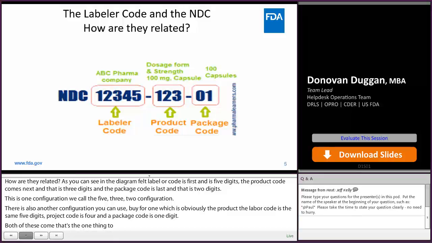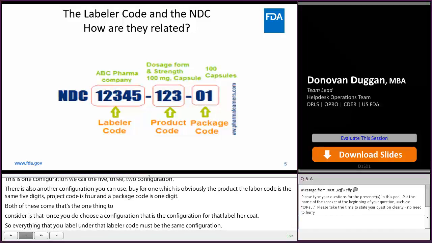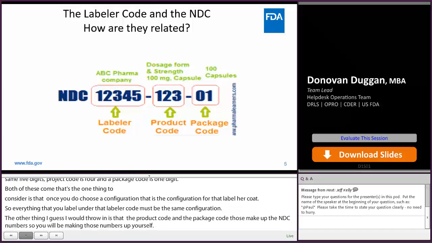The other thing I guess I would throw in here is that the product code and the package code make up the NDC number. So you will be making those numbers up yourself. We do not assign those numbers, so we only assign the labeler code, and then you have the option to put in whatever you want for the product and package codes.